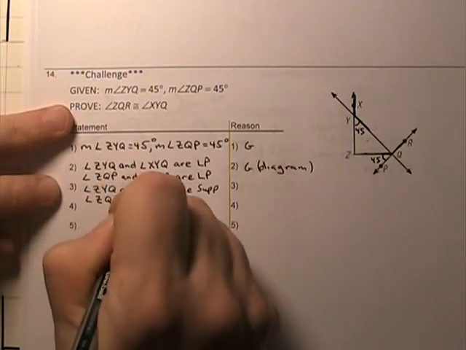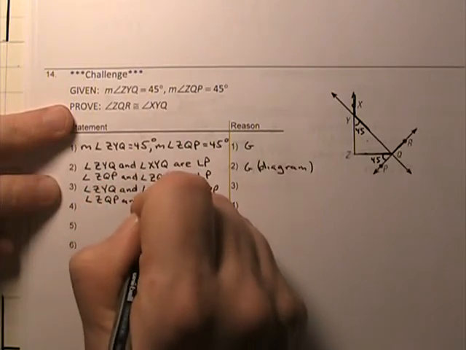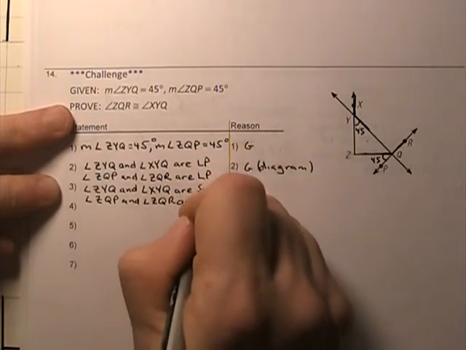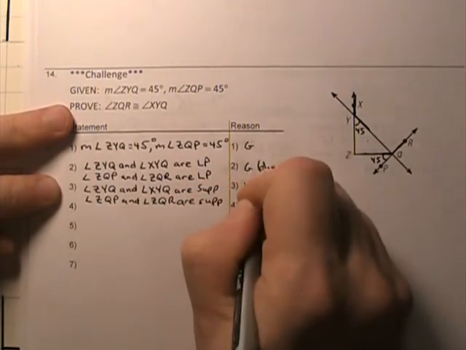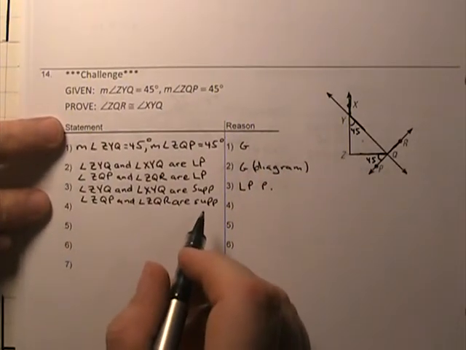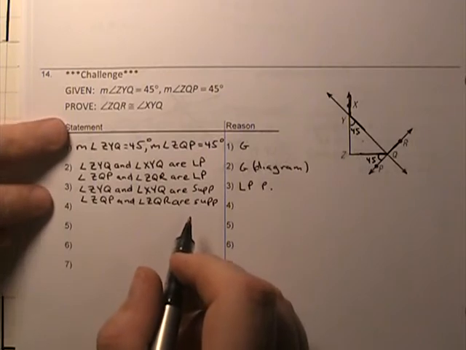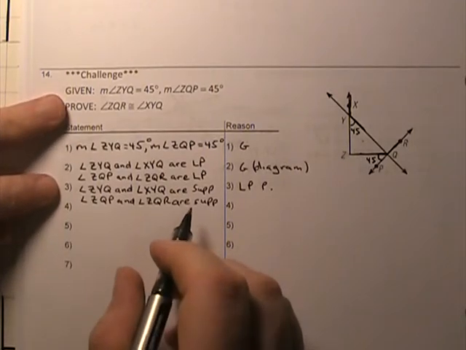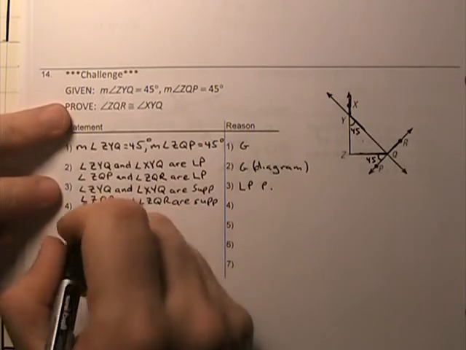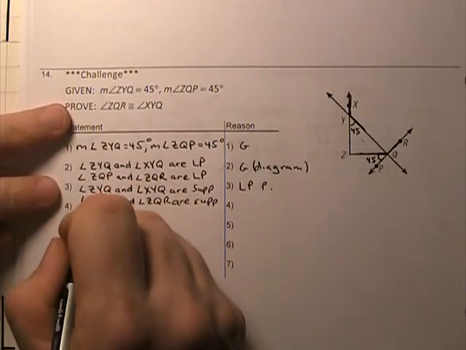ZQP and angle ZQR are supplements, and that's the linear pair postulate. And if they're supplements, they're supplements to angles that are equal. Okay, so they're equal, let's make them congruent.